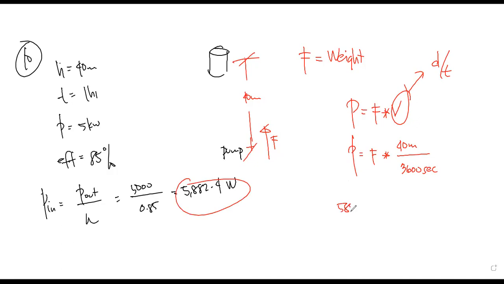So P is then equal to 5,882.4, which is the power of the pump. That is equivalent to force times 40 divided by 3,600.